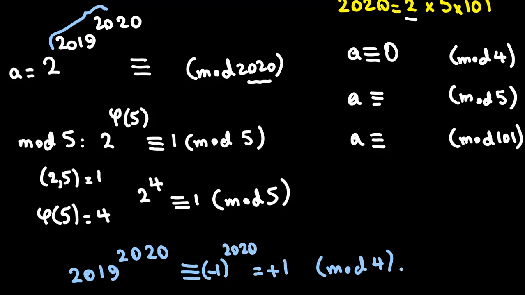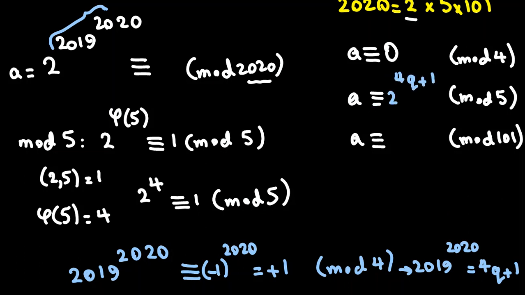So the remainder of this number when divided by 4 is 1. You can write it as 4q plus 1, so here A is 2 to the power of 4q plus 1.